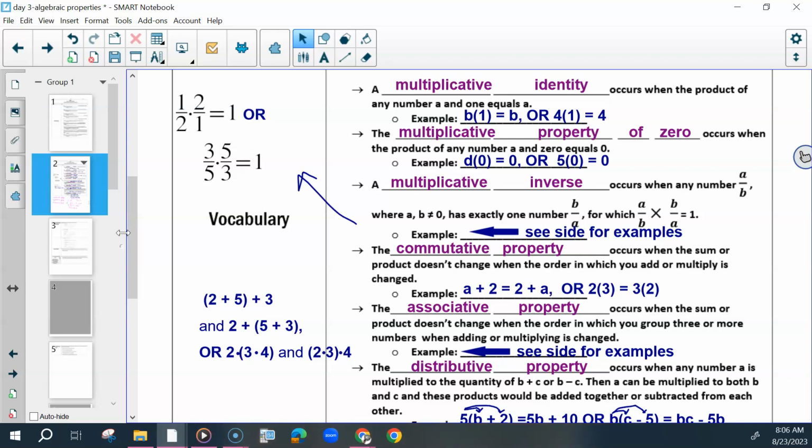It's kind of the same thing but now multiplying. 2 times, on the inside, 3 times 4, and on the inside 2 times 3, on the outside times 4. Anyone still need any of the multiplicatives?